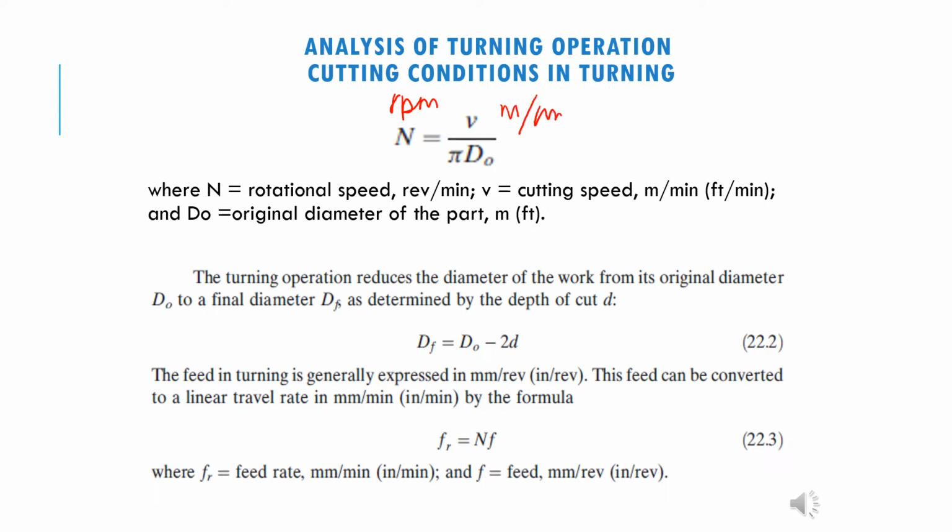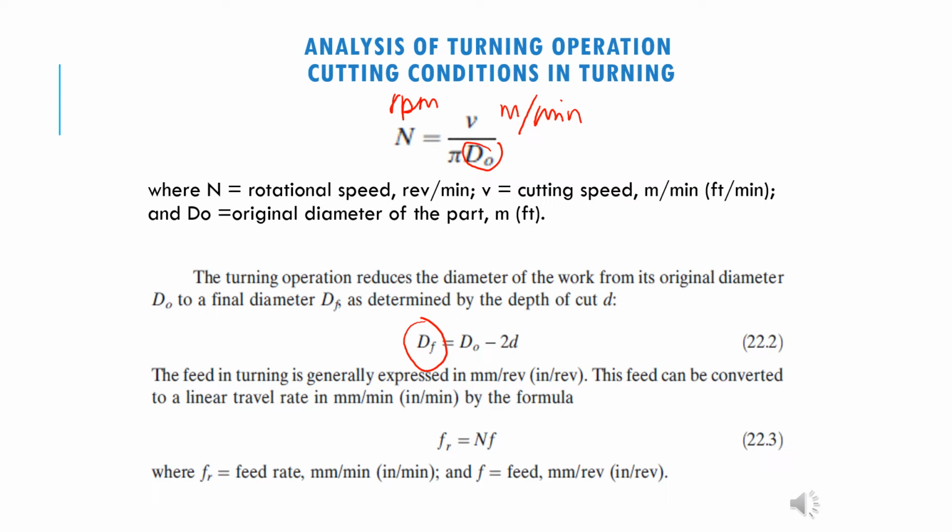So you can use this equation for the conversion. N is in RPM and is V over pi d naught, where V is in meters per minute and pi d naught is based on the initial diameter of the workpiece. Apart from that, you can also find the final diameter of the workpiece through this equation, which is d naught minus 2d.